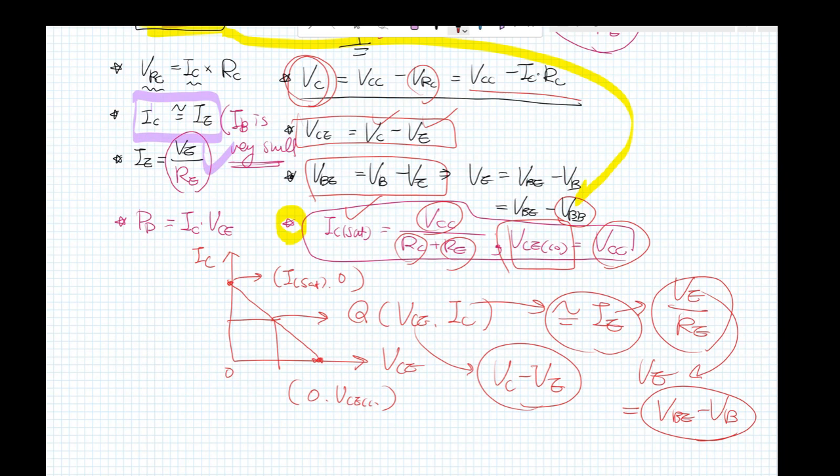In the base bias, the only resistor connects V sub CC to the base. And the emitter bias has the resistor moved from the base to the emitter side. Just keep that in mind. Any questions?